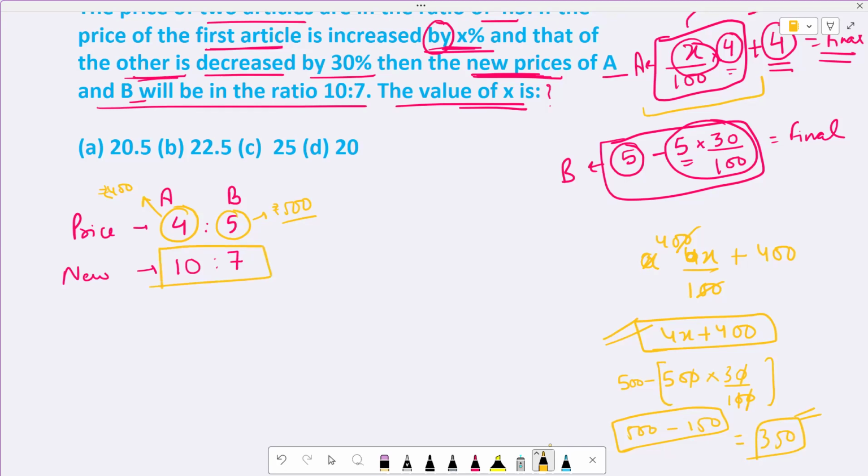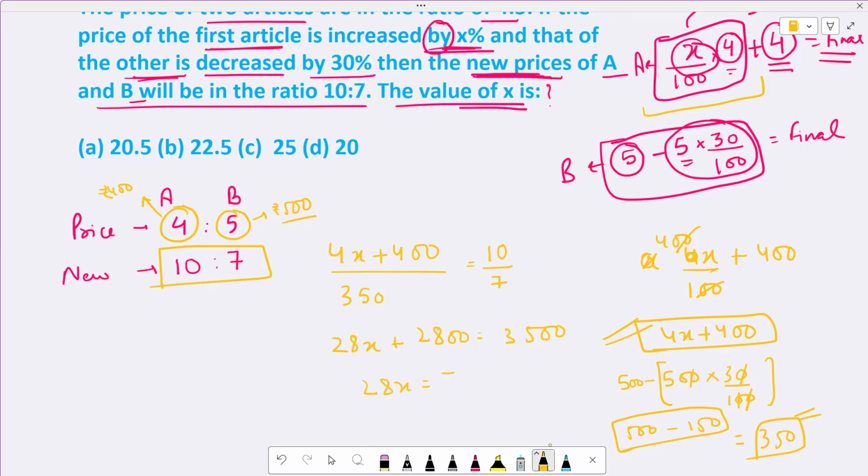Now the ratio is given to us, so we simply write (4x plus 400) divided by 350, and it should come out to be equal to 10 divided by 7. So we can write 28x plus 2800 equal to 3500.